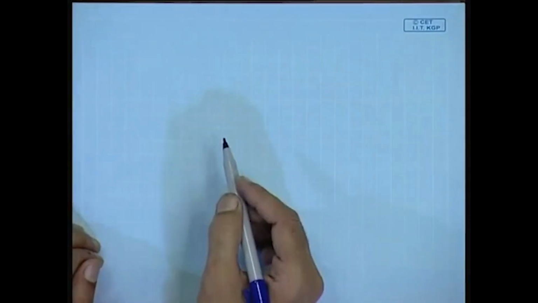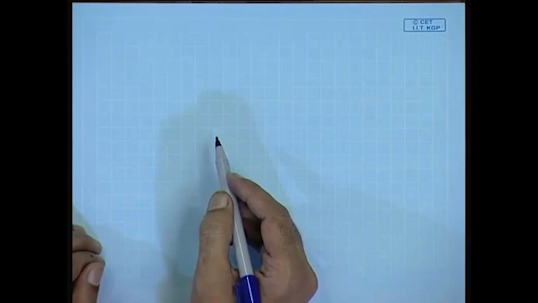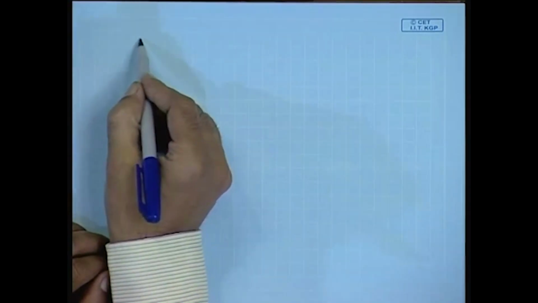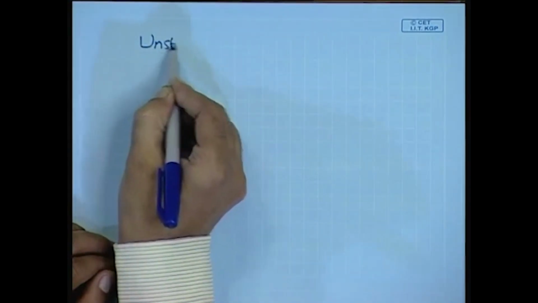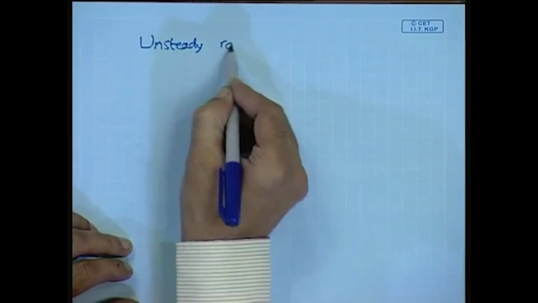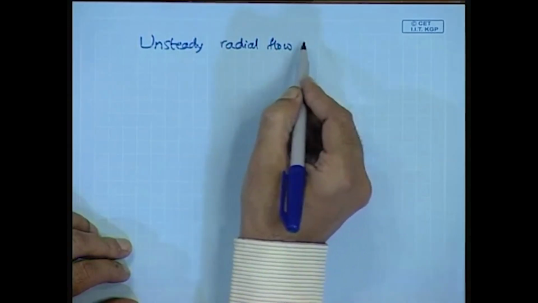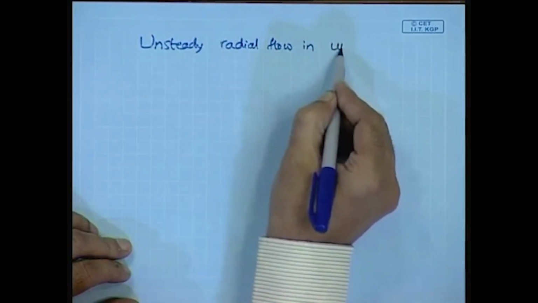So this Chow's method is the third method by which we can solve the Theis equation, and now we will move on to unsteady radial flow in unconfined aquifers.